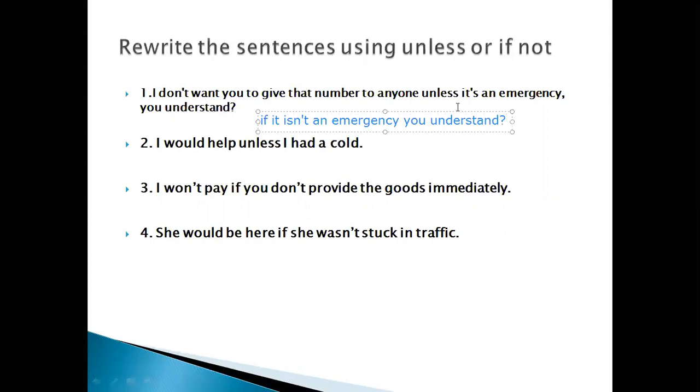So we changed only the part of unless to if not. If it isn't an emergency, you understand.